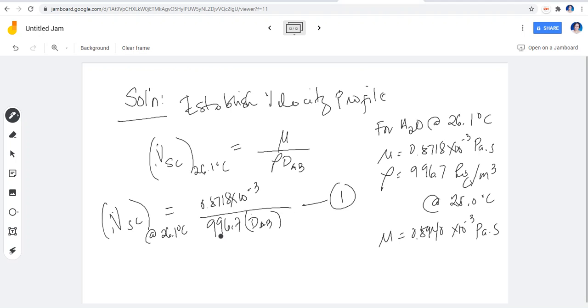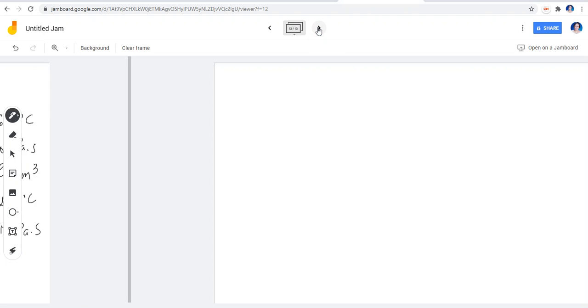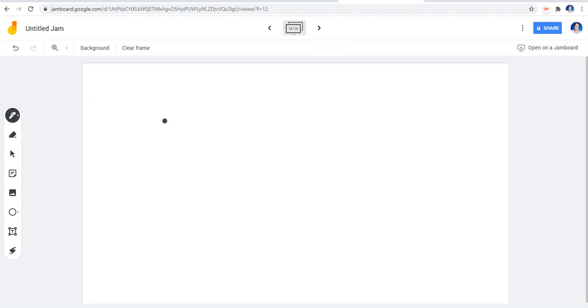Now, if you recall, we have this particular table in the chapter on diffusion, and that table is table 6.3-1. It gives us the molar diffusivity of benzoic acid in water, and that's equal to 1.21 times 10 raised to negative 9 meters squared per second.